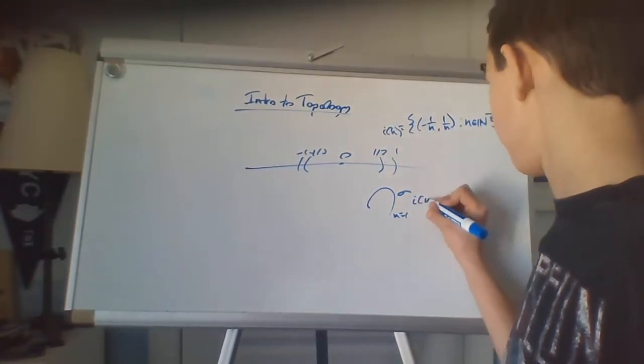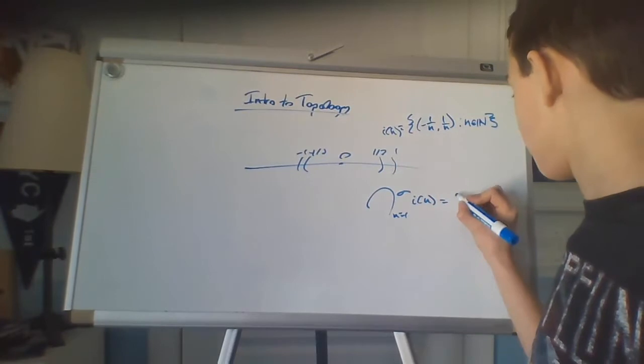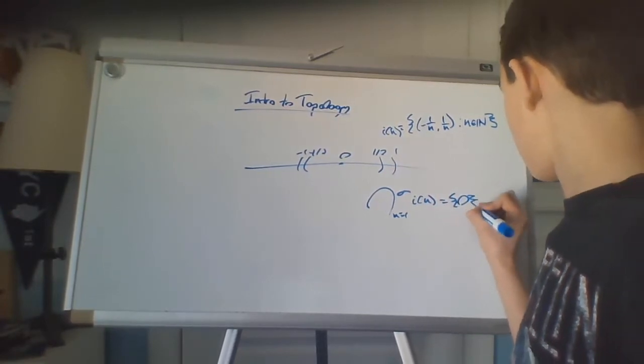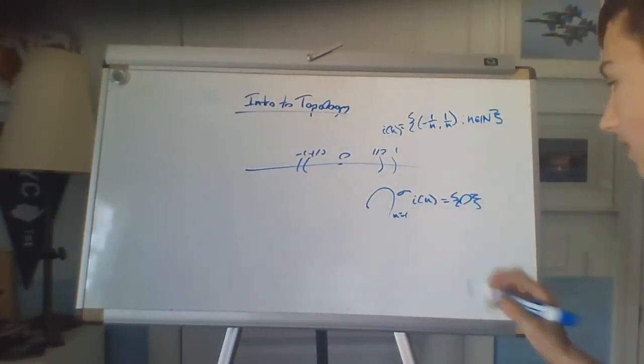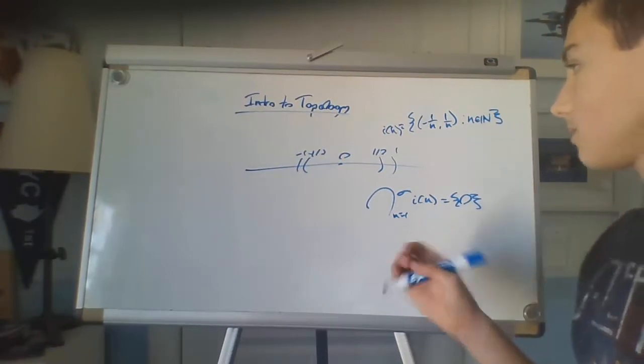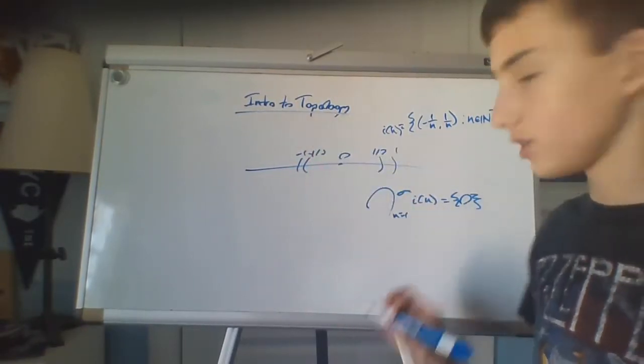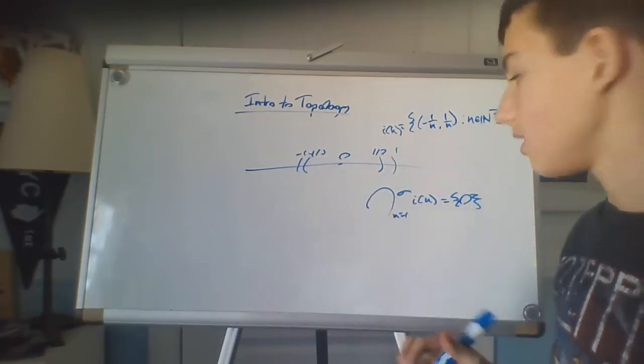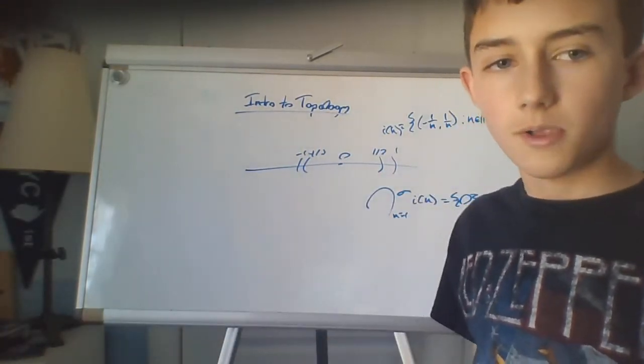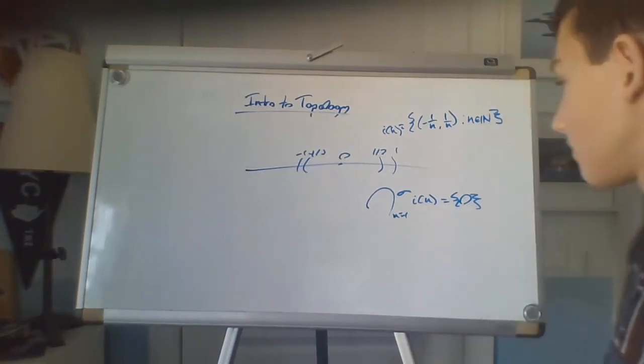I of n, once again, is a set containing 0, just the one element set 0. For a similar reason, it's going to get infinitely small, and then once we take their intersection, it's all going to go back to 0, right? We could do the same thing for balls or hyperspheres or whatever you wanted to do.